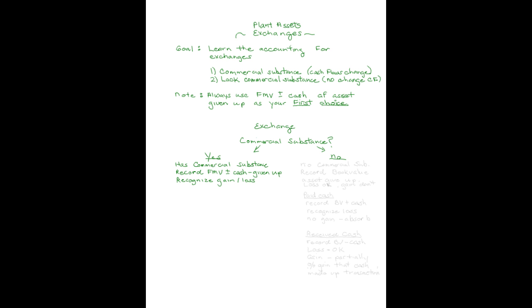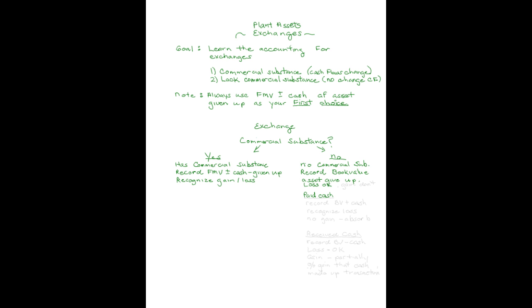Now let's assume that there is no commercial substance. Commercial substance is lacking. If that is the case, we're going to record the new asset at the book value of the asset given up. If there's a loss, we'll record it, because anytime we've suffered a loss, it's okay to record it.